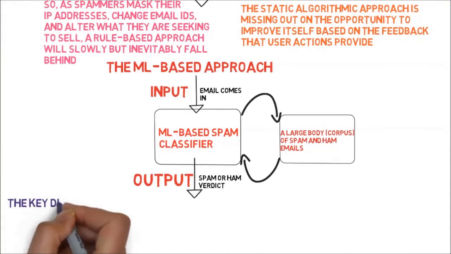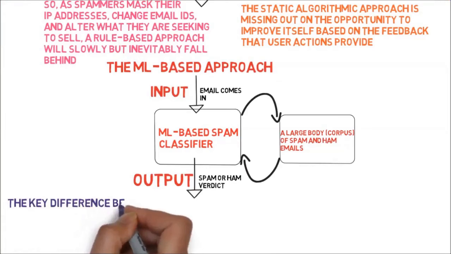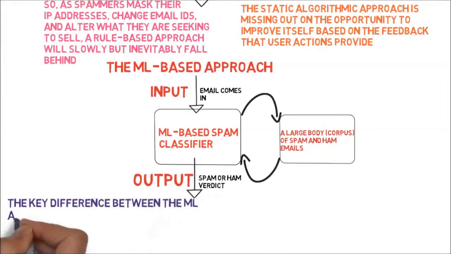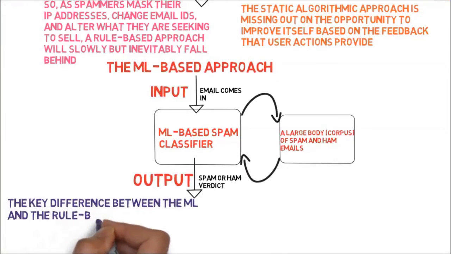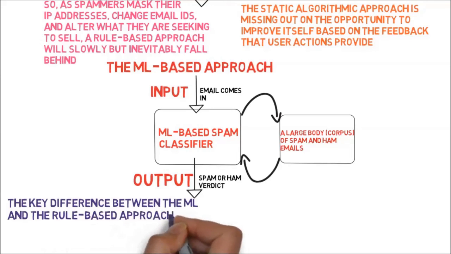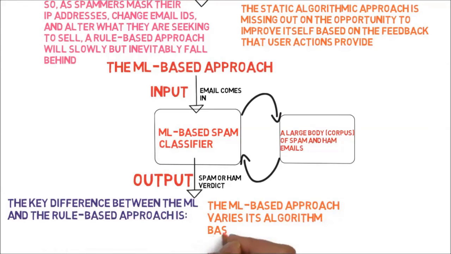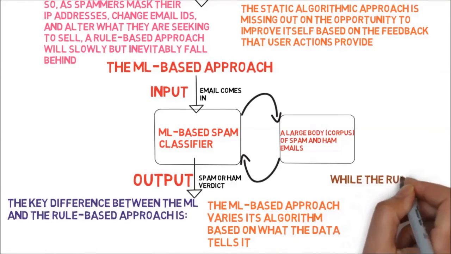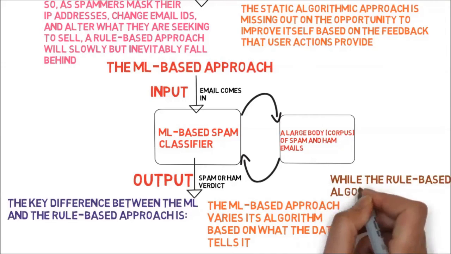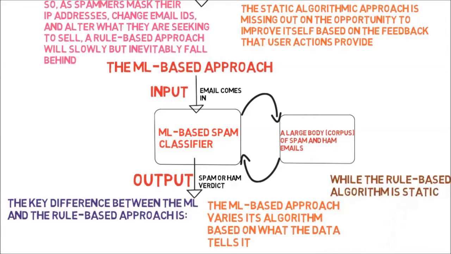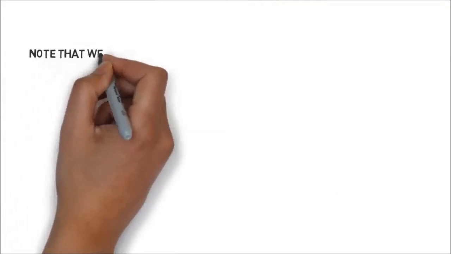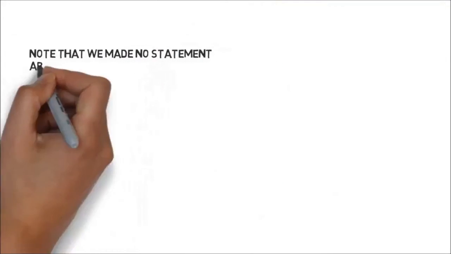The key difference from the rule-based approach is that the machine learning-based approach varies its algorithm based on what the data tells it. The corpus is very dynamic and can be constantly and easily updated with the feedback of users. And this is why the ML based approach will not fall behind like the rule based approach did. Note that in our entire discussion, we've not made any statement about which approach is more complex.